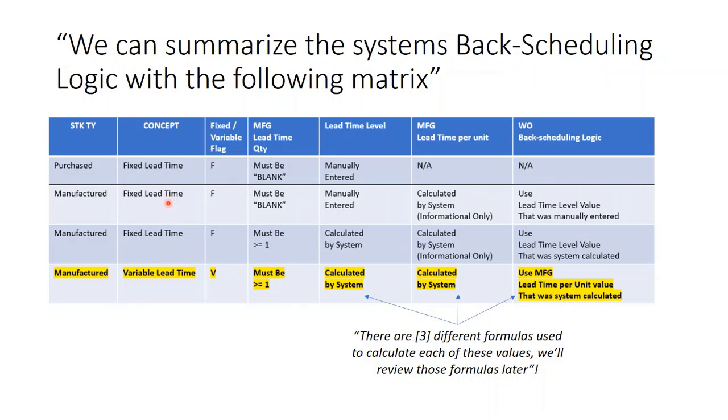If you want a fixed lead time concept for manufactured items, will you manually enter it, or will you allow the system to calculate the lead time level for you? If we are to manually enter a fixed lead time for a make item, we must assure the manufacturing lead time quantity is blank, and we simply enter the lead time days to replenish in the lead time level field.